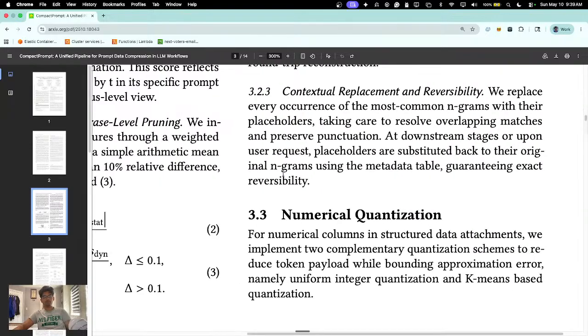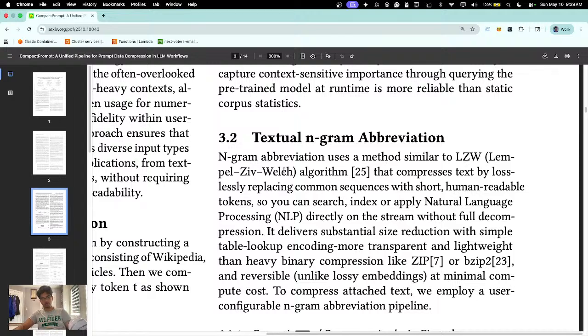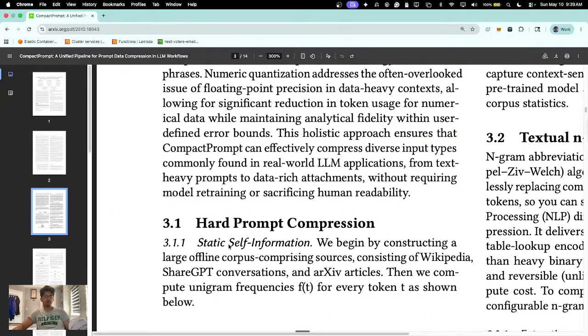Okay, cool. Now we move on to textual n-gram abbreviation. This is an approach which is not necessarily part of prompts, because the hard prompt compression was solely optimized for prompt compression.